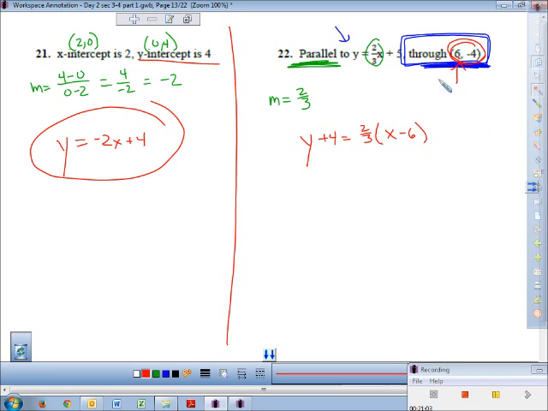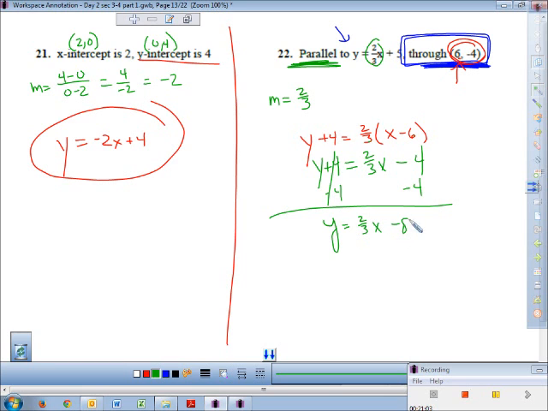I will put that equation in point slope form and then convert it to slope intercept form. 2/3 x. Now let's distribute. It's going to come out negative. How many times does 3 go into 6? Twice. Take that times your numerator and you get a 4. Then minus 4, y equals 2/3 x minus 8.